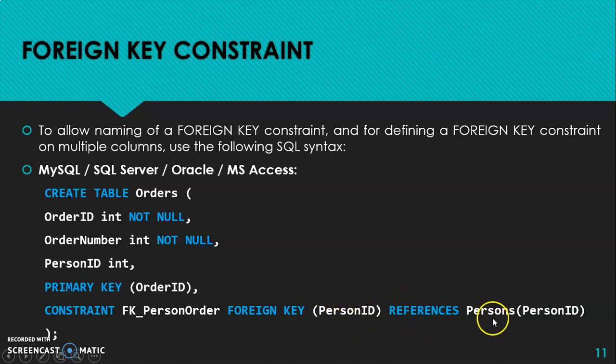References persons, person ID. So this person ID is the column of the table persons. So constraint fk person order, foreign key person ID, references persons, in parenthesis person ID. So this is how you give a constraint of a foreign key.